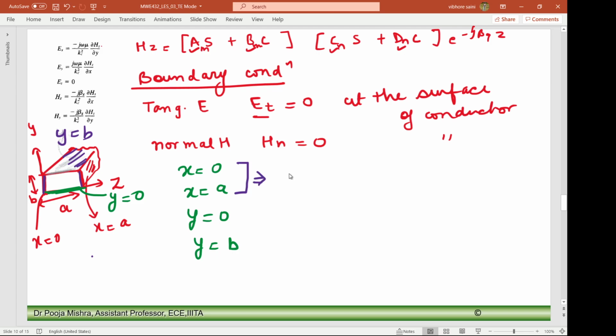Which components are tangential at x equal to a and x is equal to 0? They will be the Ey and Ez components.